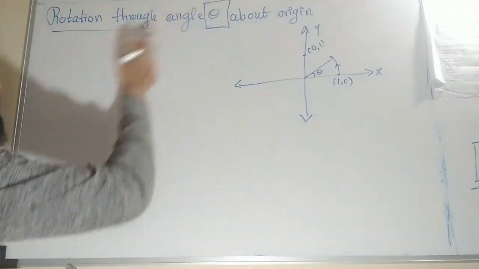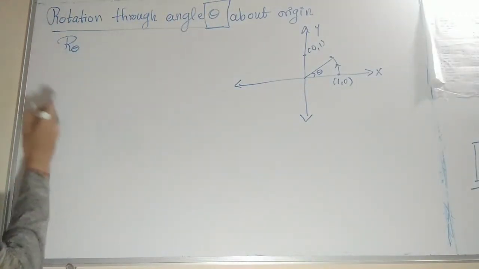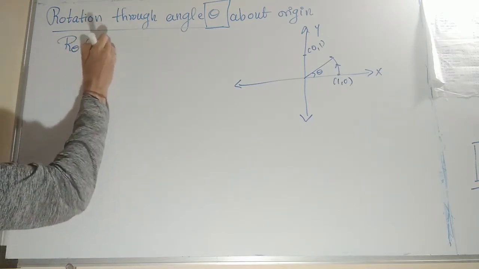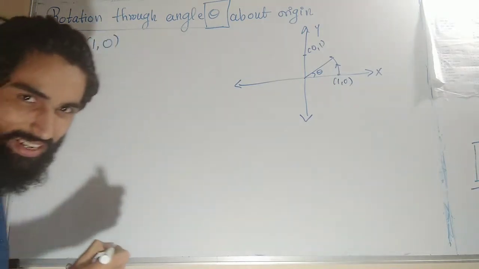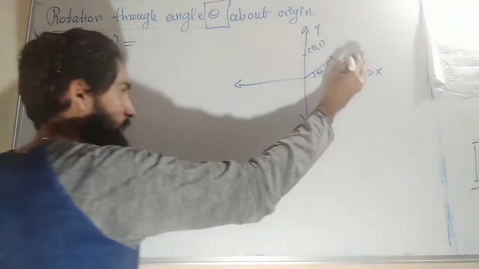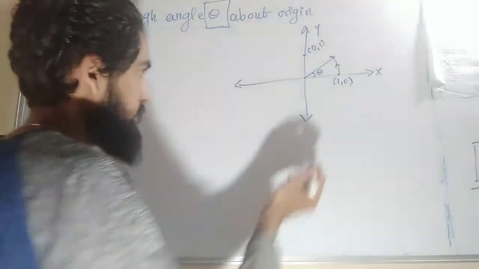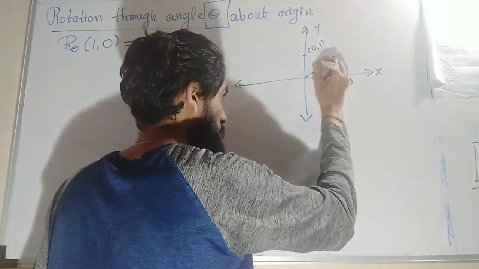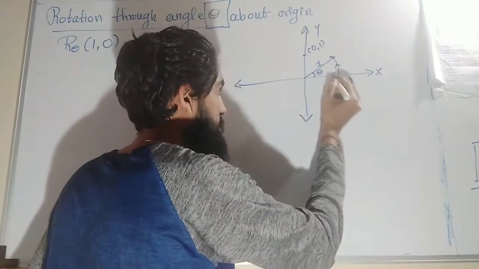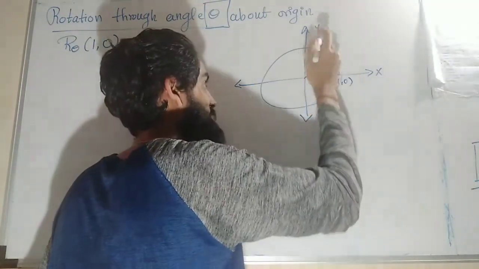Let this rotation through an angle theta be denoted by R theta. So I want to think of R theta of 1, 0, that is E1. This R theta of 1, 0 will be this point. Can I find this point in polar form? The answer is yes. I know the radius must be 1, because the distance is the same. If I create a circle like this, it should pass through this.